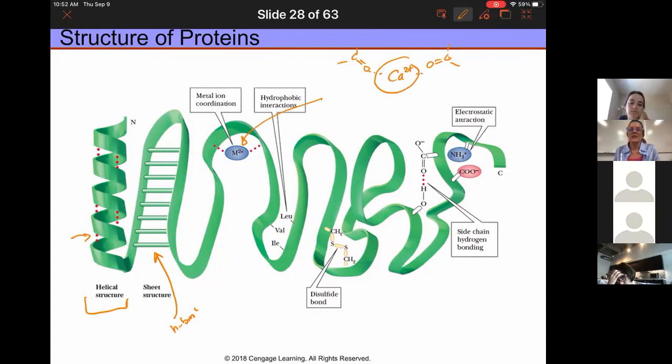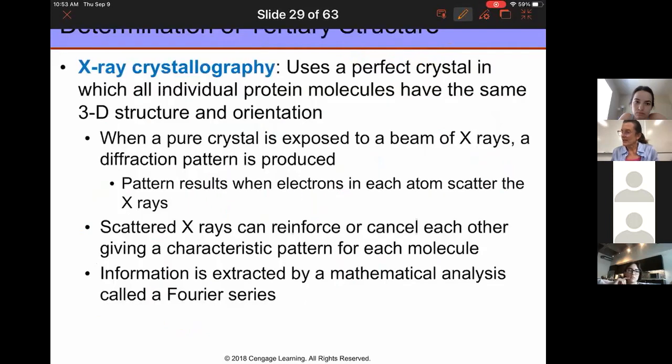And zinc, it's often Ns. This is showing hydrophobic interactions between nonpolar amino acids. This is our disulfide bridge. And then this is side chain hydrogen bonding. So those are all kinds of interactions that could work.